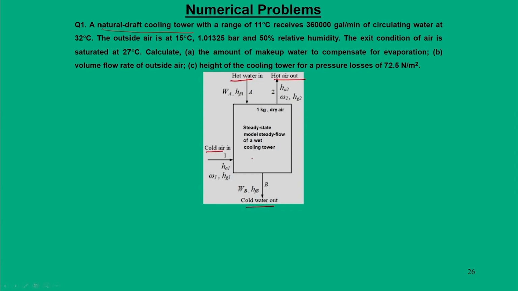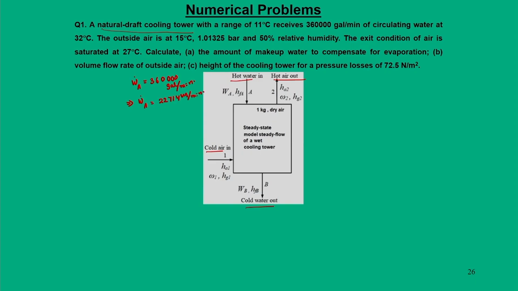So, from this figure and data, if I write down the different conditions, let us see what is the hot water in. So, the data given is W dot A, 360000 gallons per minute. If you simplify to kg per minute, W dot A becomes 22714 kg per minute.